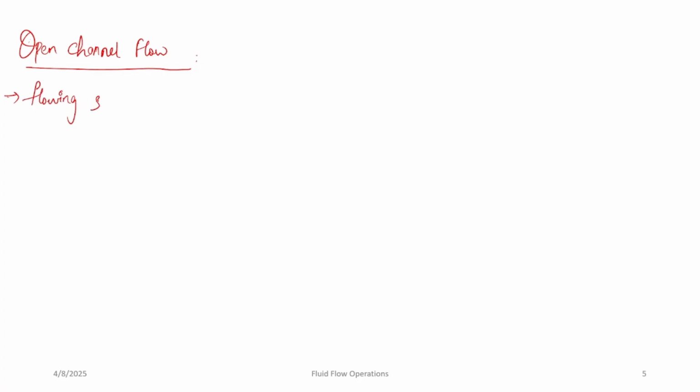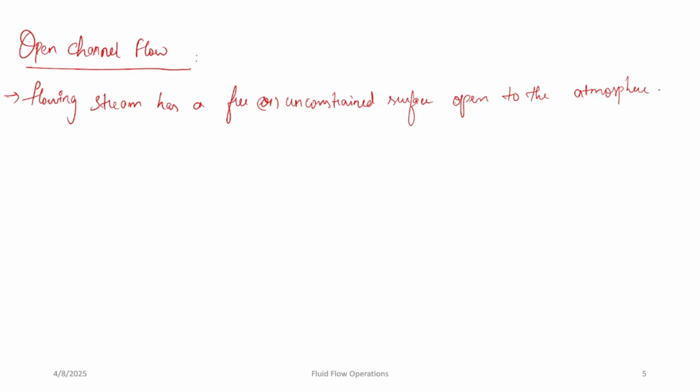The flowing stream has a free or unconstrained surface open to the atmosphere.